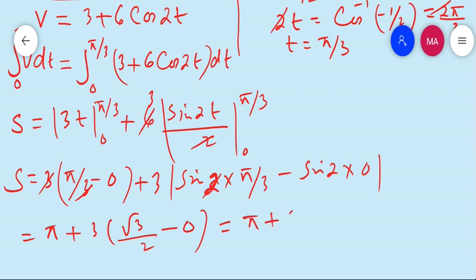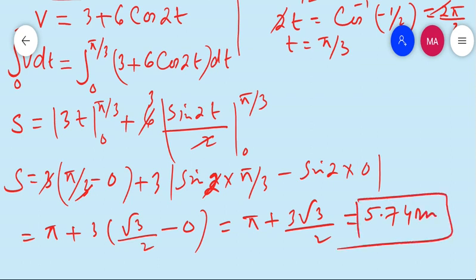So pi plus 3 root 3 upon 2. But the requirement of the question is to give the answer in 3 significant figures. So the final answer is 5.74 meters.